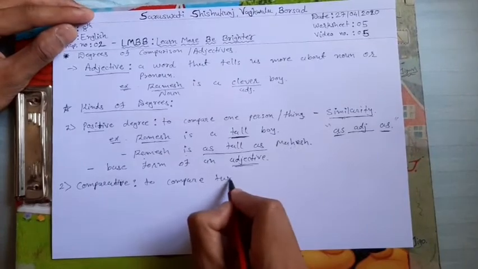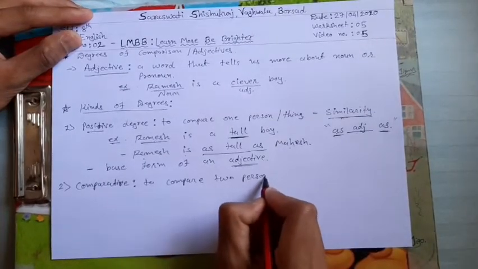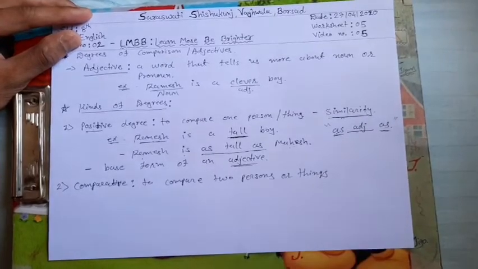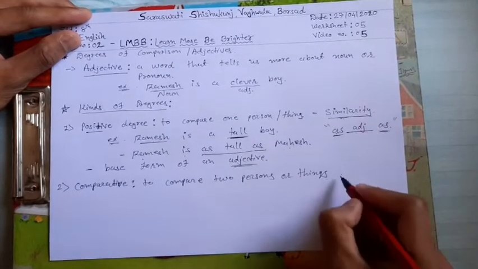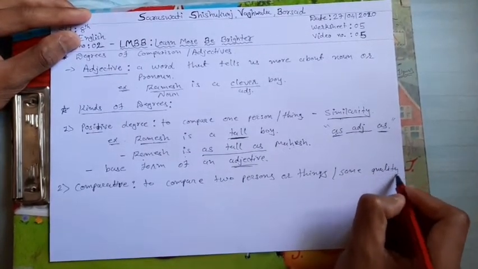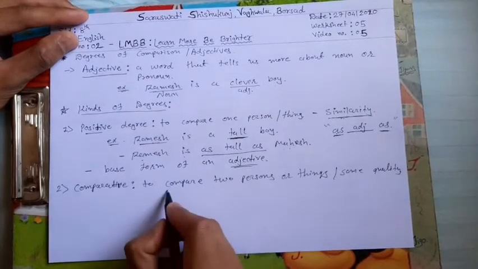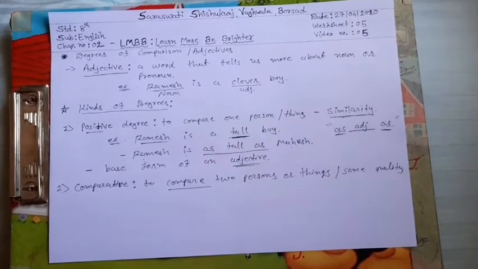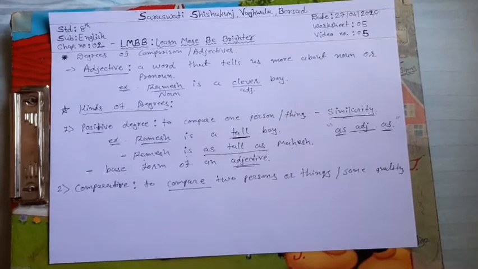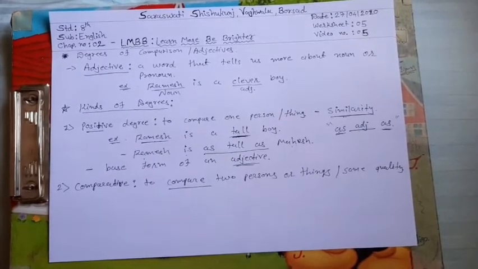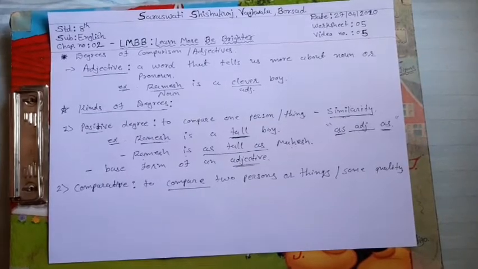In a comparison, one person will be higher and the second person will be lower. So if we are comparing two persons or two things for the same quality, we use the comparative degree.